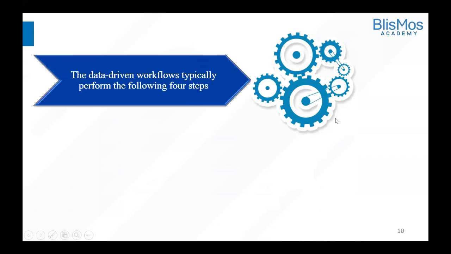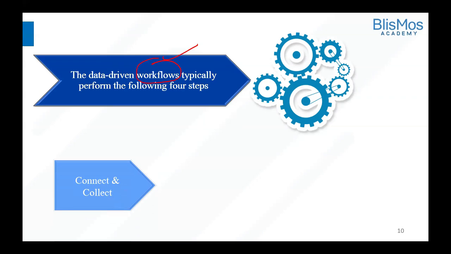Whenever we are talking about data factory, we already understood the different steps are there. When we bring together those steps, they are called the workflows also. And those steps will make the data factory work like a well-oiled machine.